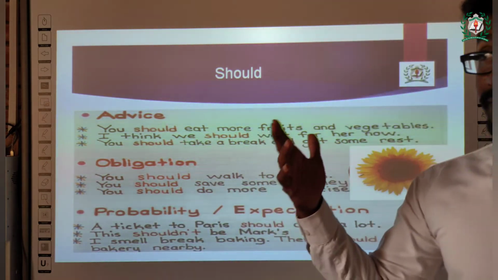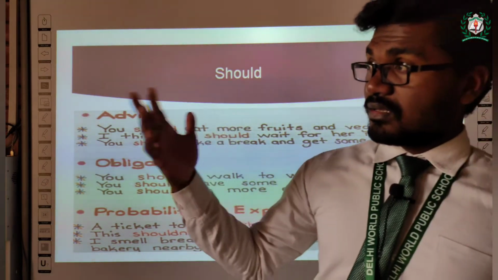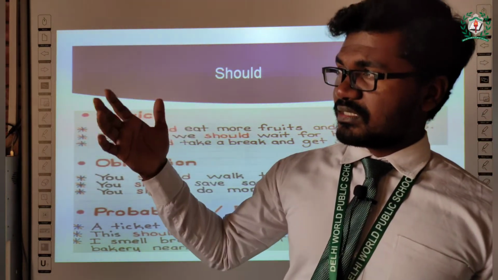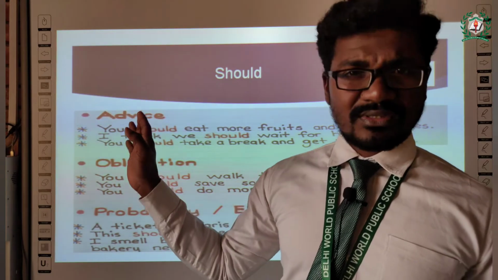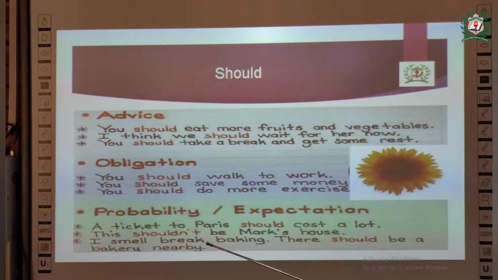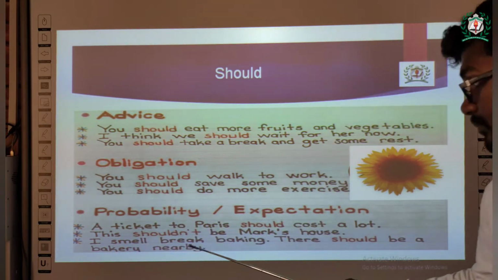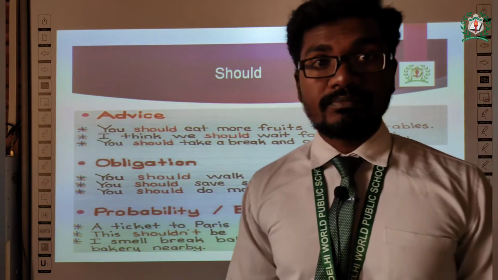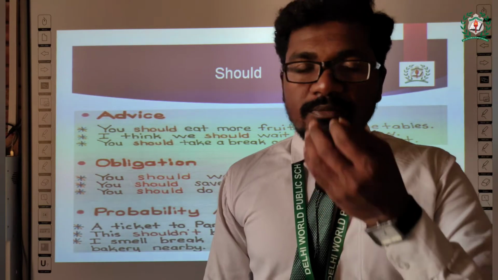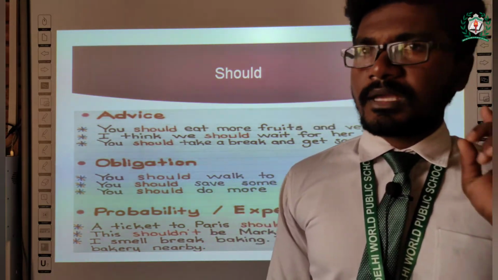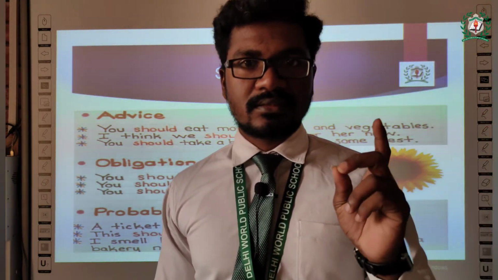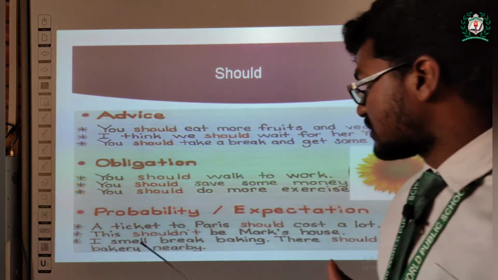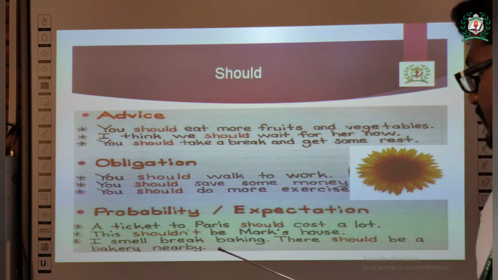We are expecting that it is not his house. I smell bread baking. There should be a bakery nearby. So we smell it and think my mom is preparing this. In this case we are using should.